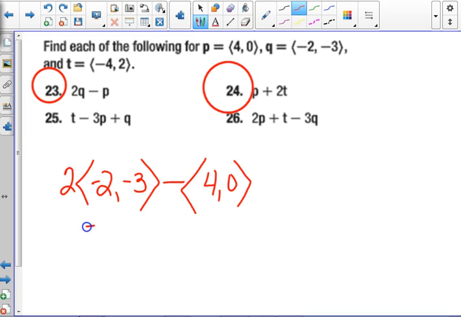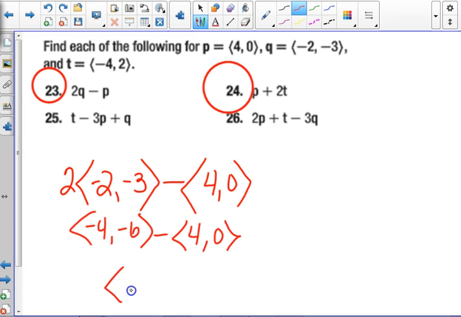So if we double these, you don't have to show all this work. Then we're supposed to subtract this one. What do we get? Careful, we're subtracting. -4 minus 4 is... That would be what I would have done, Riley. I would have put 0. Everybody okay? All right. Can I skip 24? Okay.